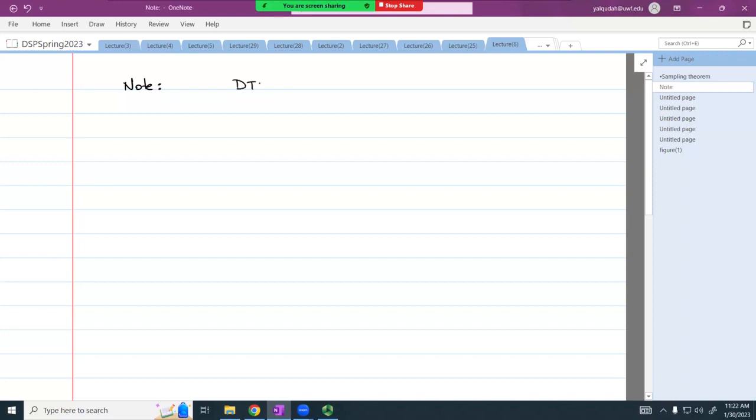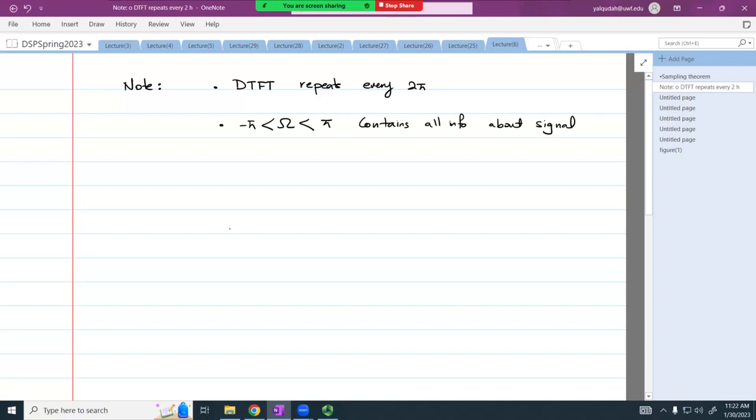The discrete time Fourier transform repeats every 2 pi, and in the range when omega is between negative pi and pi, this frequency range contains all information about the signal. Okay.